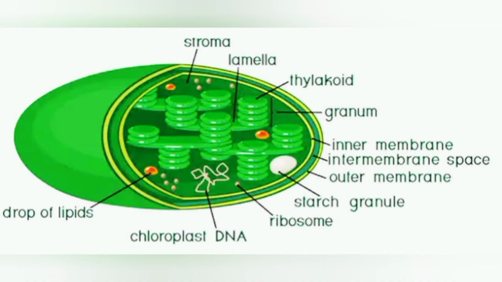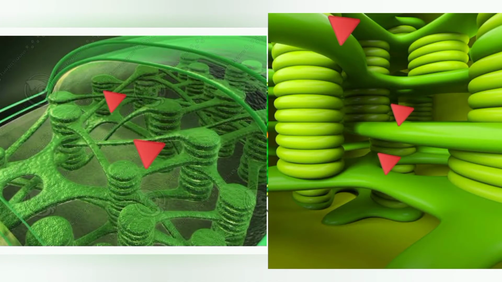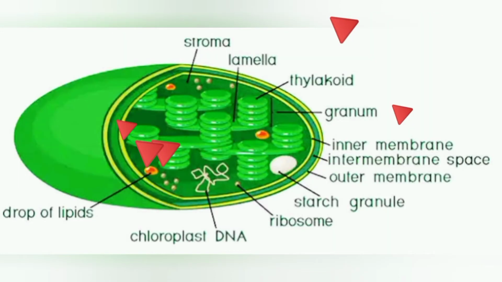Now look, there are so many grana distributed in the stroma of the chloroplast, and these grana are interconnected to one another by structures known as the stroma lamellae. I've got two diagrams here which show the stroma lamellae connecting the grana.